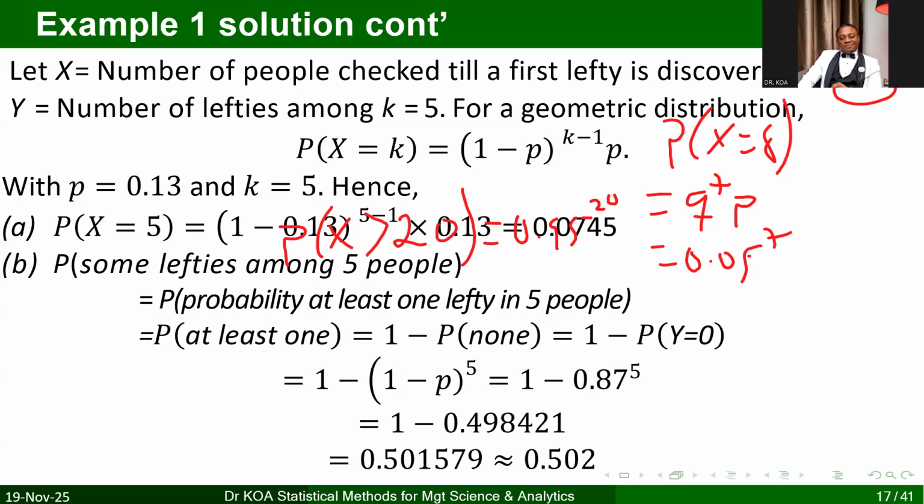The P itself is raised to the power 0 now. So K minus 1 will be K minus 0, and therefore P raised to the power 1 will be P raised to the power 0.